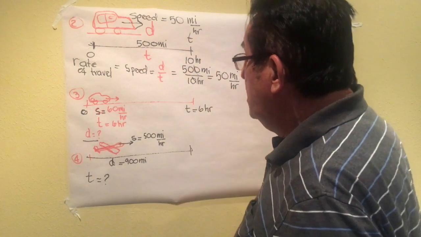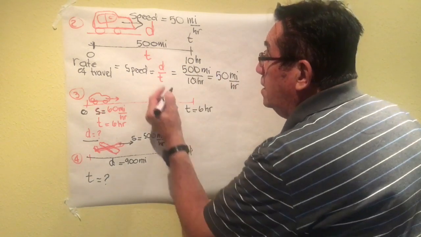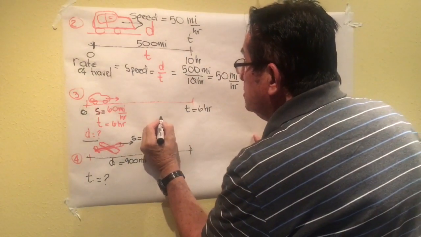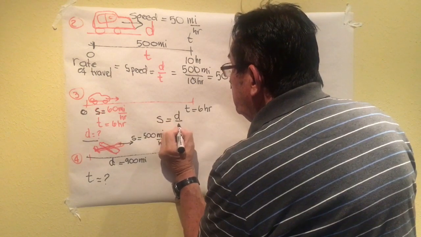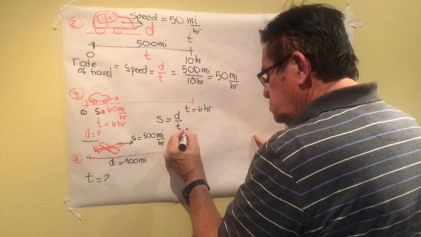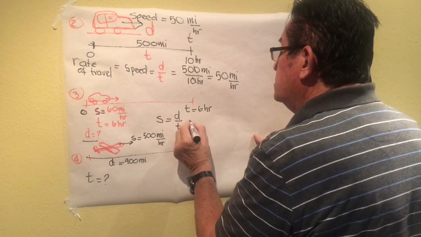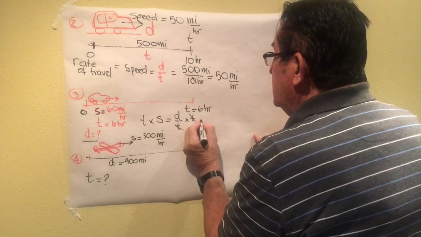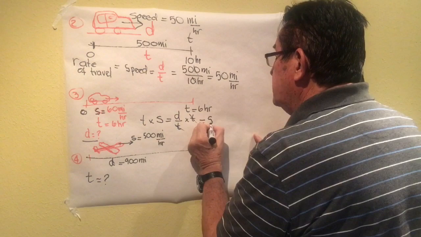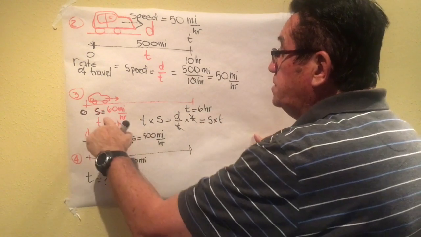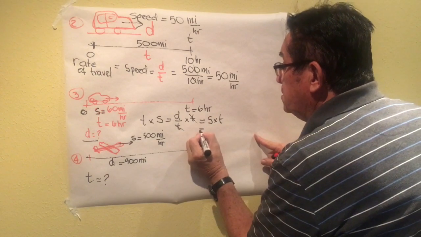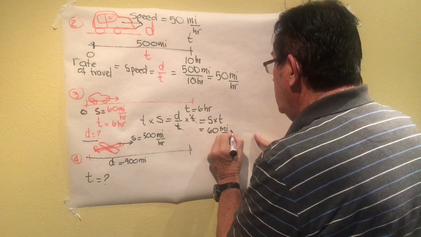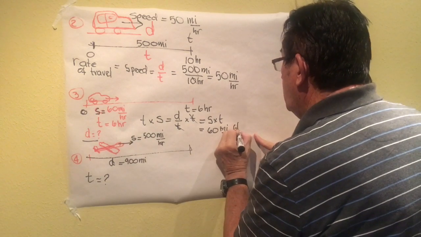Since speed equals d divided by time, I want to leave distance alone, so I will have to multiply both sides by t, and this will be cancelled. So distance is going to be equal to s times t. What's s? Speed. Speed is equal to 60 miles per hour times 6 hours.